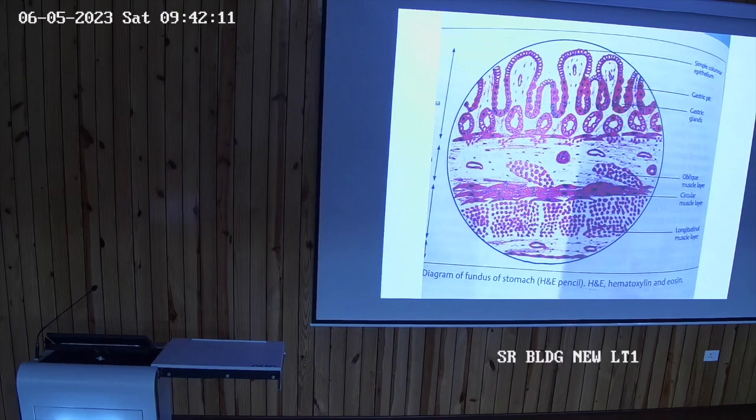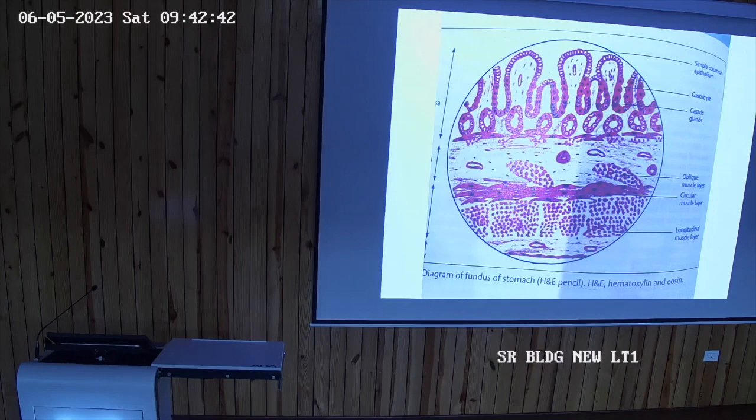As we go down in the gastric pits, between the epithelial cells you see some cells are acidophilic, red color. And between the acidophilic cells, some cells are basophilic, blue color. Note this down: the simple columnar epithelium of gastric pits shows two types of cells.